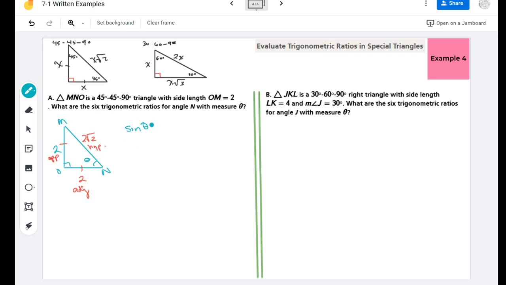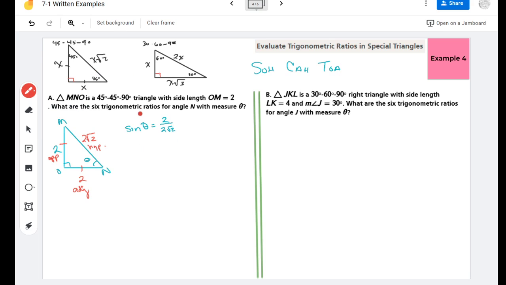The sine of theta, or the sine of angle N, is equal to my opposite over my hypotenuse, remembering SOHCAHTOA. So it's 2 over 2 root 2. Now remember, we do not like having a radical in the bottom.